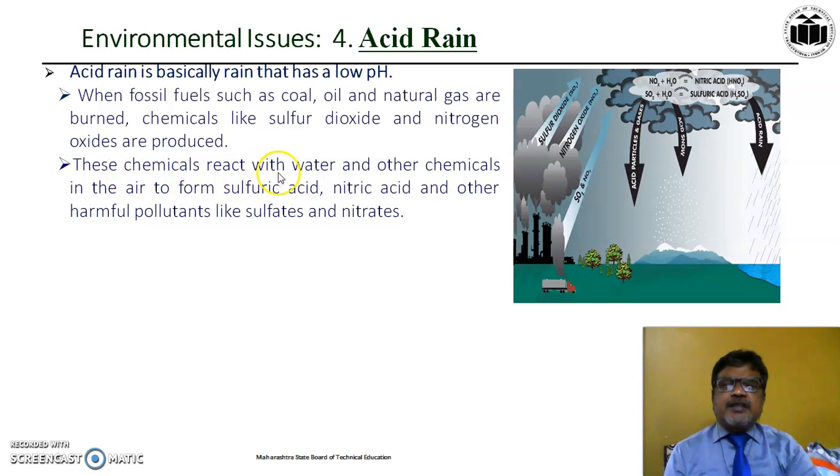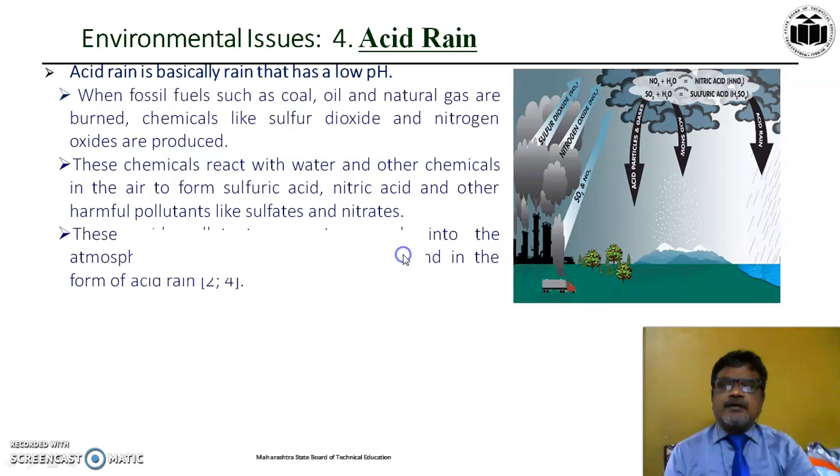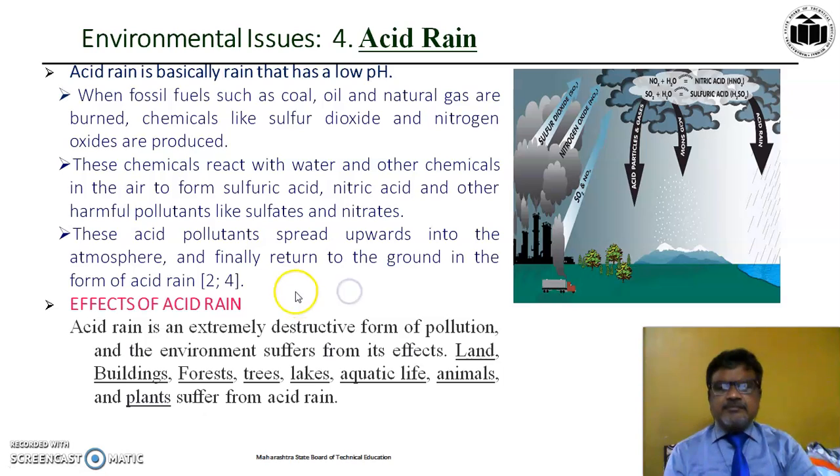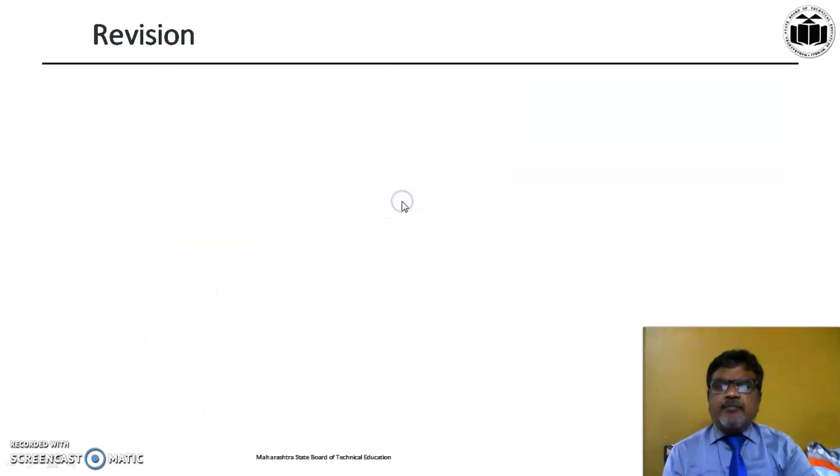These chemicals react with water and other chemicals in the air and form sulfuric acid and nitric acid. These acid pollutants spread upward into the atmosphere and finally return to the ground in the form of acid rain. The impacts of acid rain are the destruction of land, buildings, forests, trees, lakes, aquatic life, animals and plants.